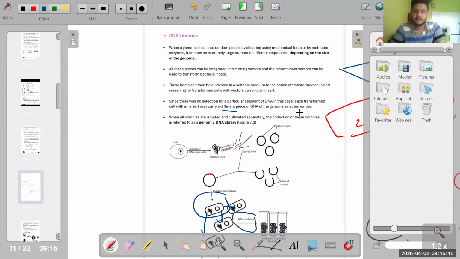I'll repeat the question again. What is the reason for the transformed host cells of the genomic DNA library to be genetically non-identical? You were the one who said that they were genetically non-identical. So what is the reason? How would you explain it?